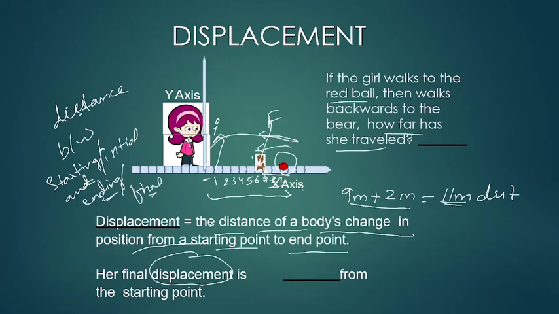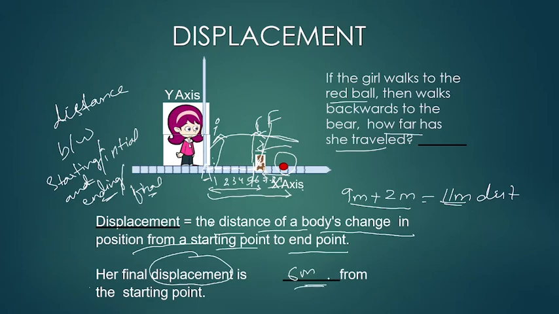So the distance between initial and final point here is 1, 2, 3, 4, 5, or we can consider from here 1, 2, 3, 4, 5, 6. So it is total 6 meters. So displacement from initial point to the final point is 6 meters.